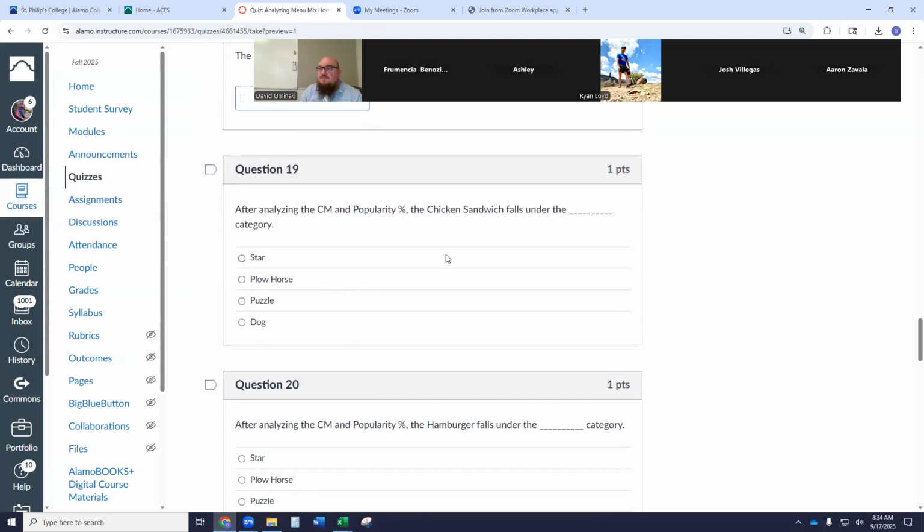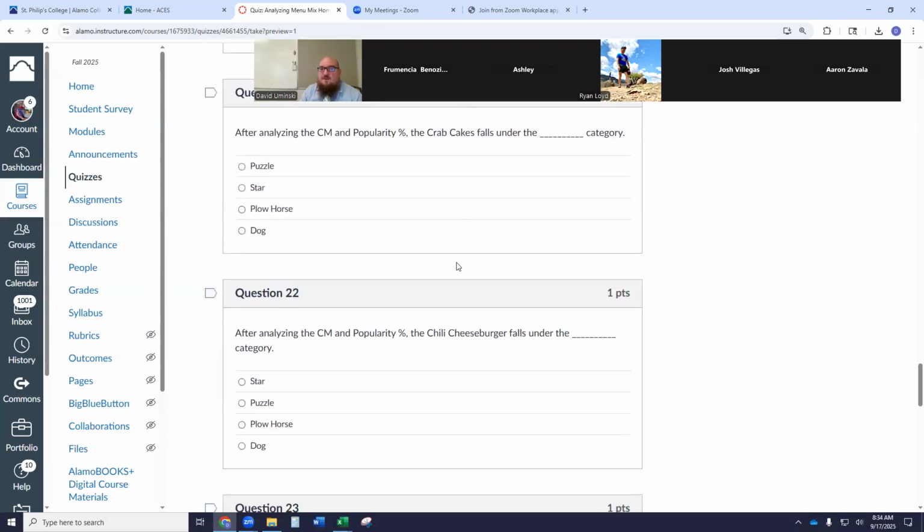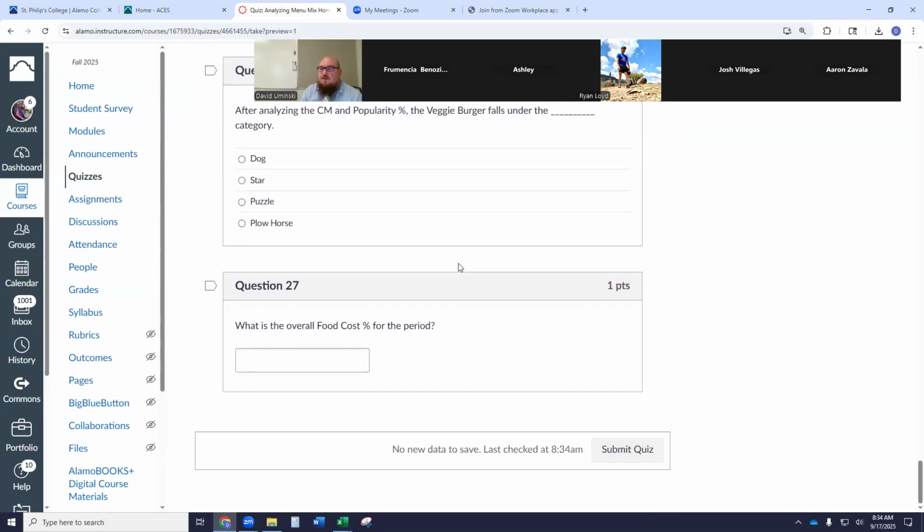And then after doing that, you're going to identify which category each item belongs in. And then the last question is asking about overall food cost percentage. How do we find the food cost percentage? That's my question, because I did it yesterday and I get it wrong. Okay, so what tool do we use to find our food cost percentage? The triangle. The triangle tool, right?